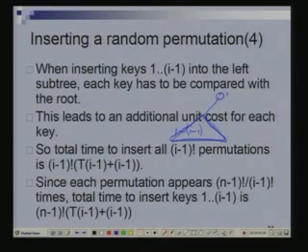The keys 1 through i minus 1 are coming here and the other keys are coming here. How much time am I spending in creating this part? Well, whatever was the average for this plus one more for each one of these nodes, because first I compare here and then I come down here. The level of each of these nodes is actually one more in this tree than it is in this tree. If a node here has level 2 in this tree, then it has level 3 in this original tree.